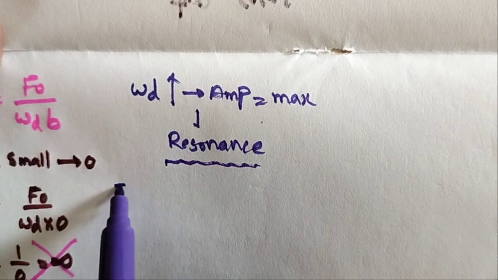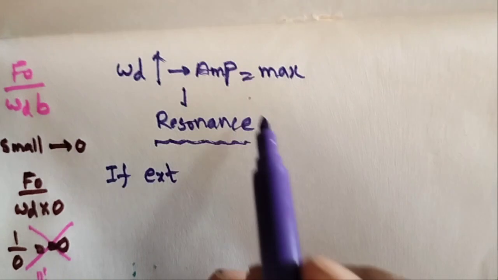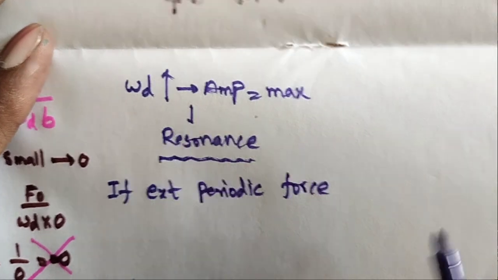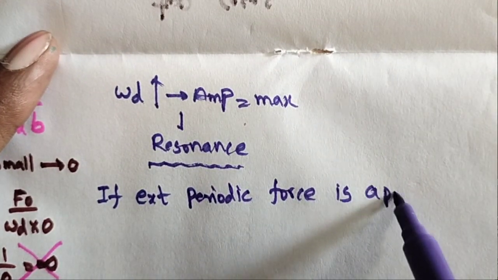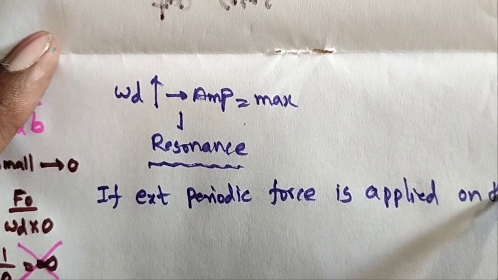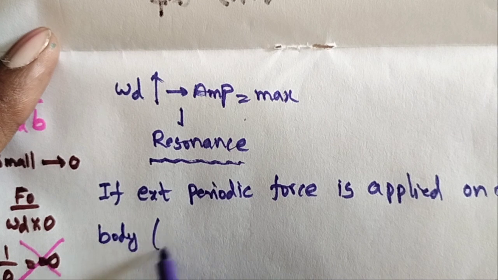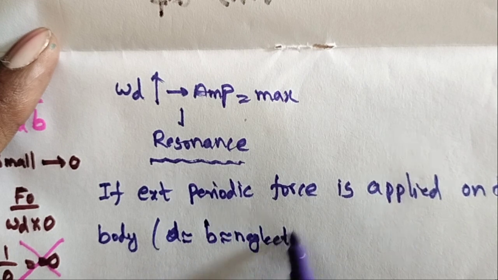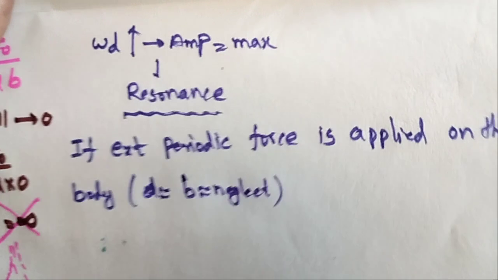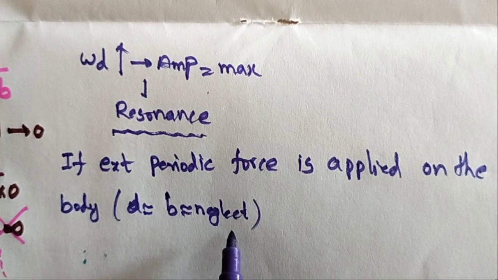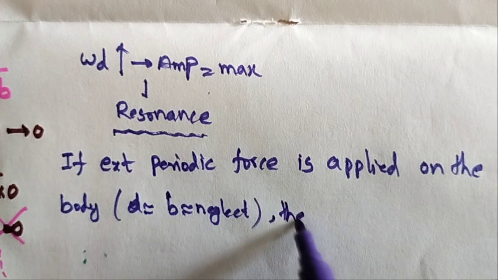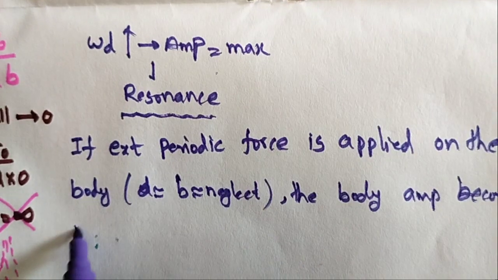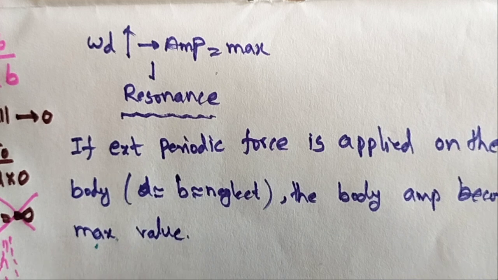What is resonance? If an external periodic force is applied on a body where damping is neglected, where damping means the b value is absent, the amplitude of the body becomes a maximum value.